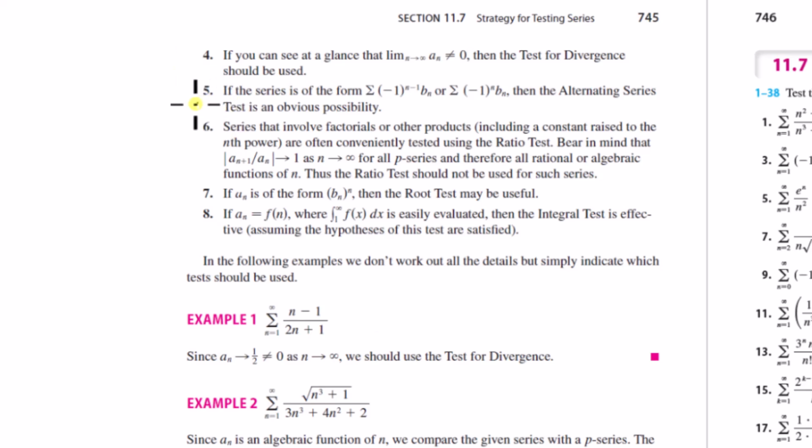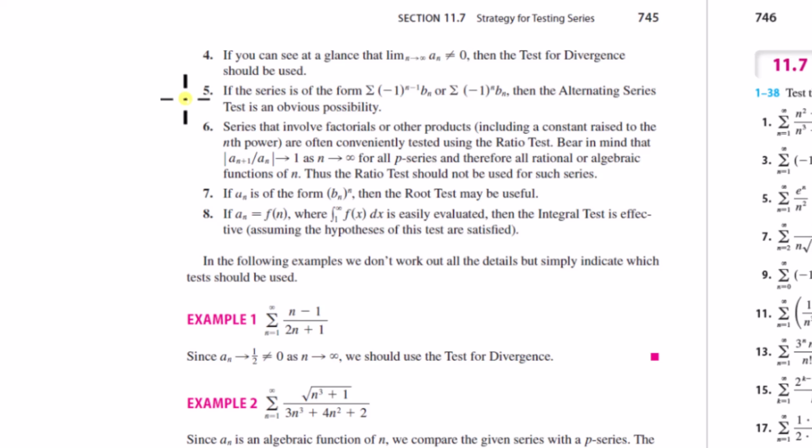Okay, now number 5 is one that you forget when you first start working these kinds of problems. Whenever you're given an alternating series, then obviously one of the tests you should strongly consider is the alternating series test, the test that has the name alternating series in it, right? But it's not like with every single alternating series you have to use this test.